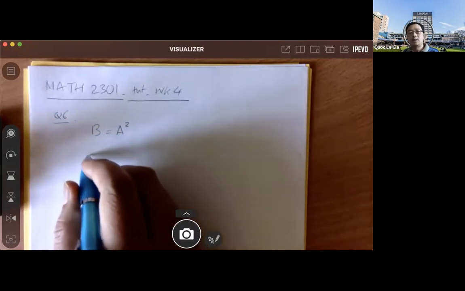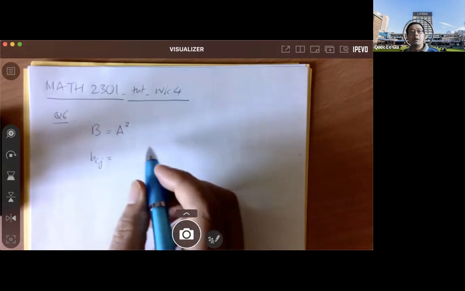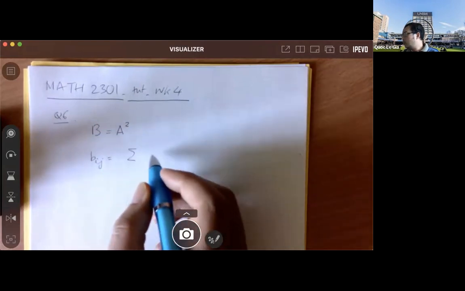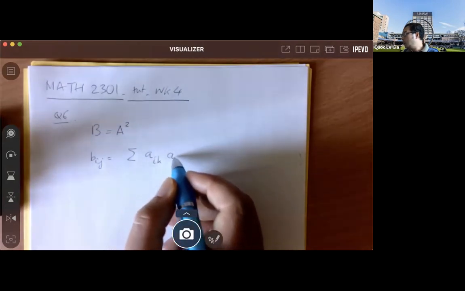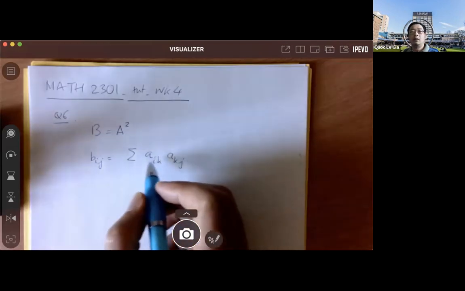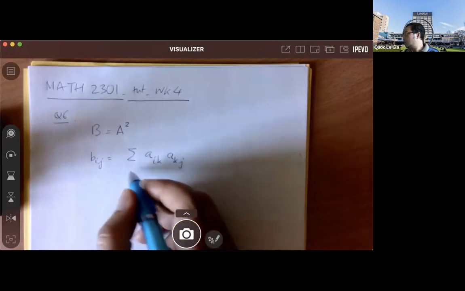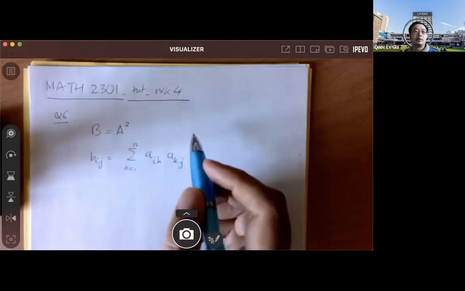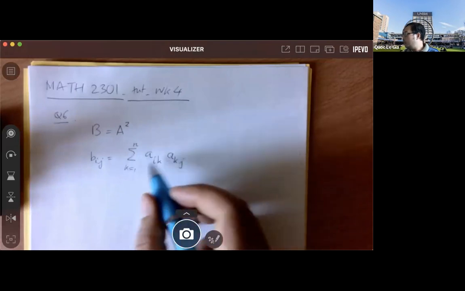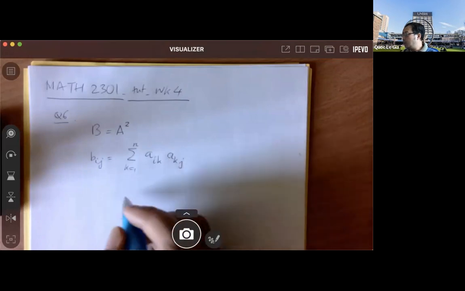So remember b_ij can be computed by the sum of a_ik a_kj, right? You just take row i, you multiply by the j column, right? And you sum up from k from 1 to n. So assume that A is an n by n matrix, okay? So then how many floating operations to compute b_ij?